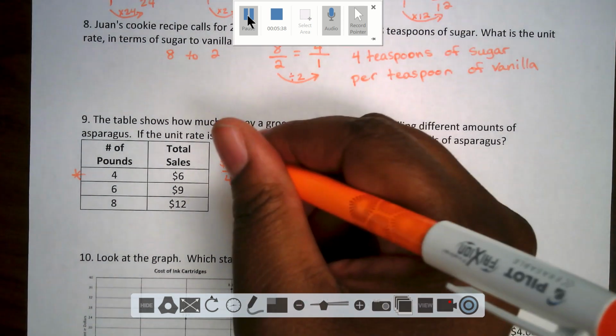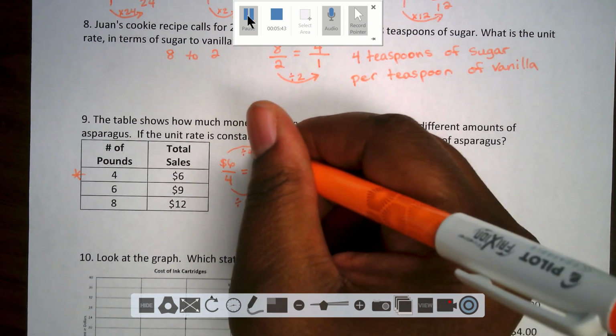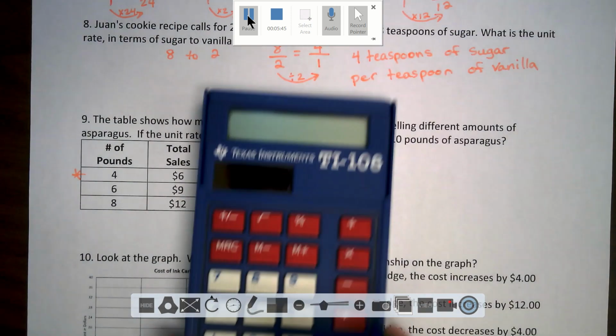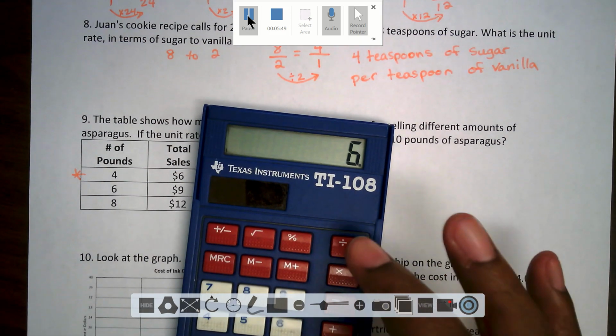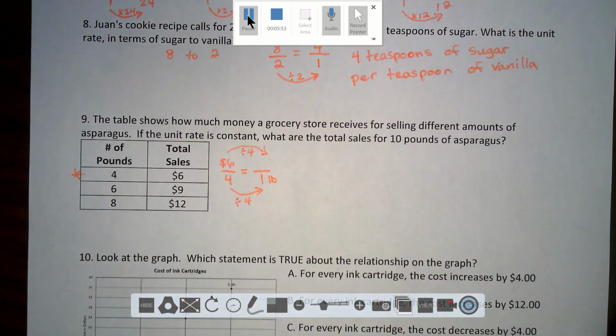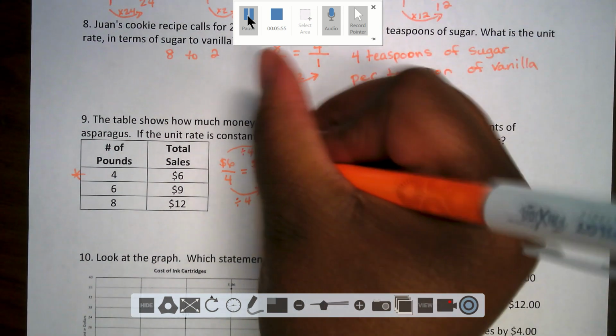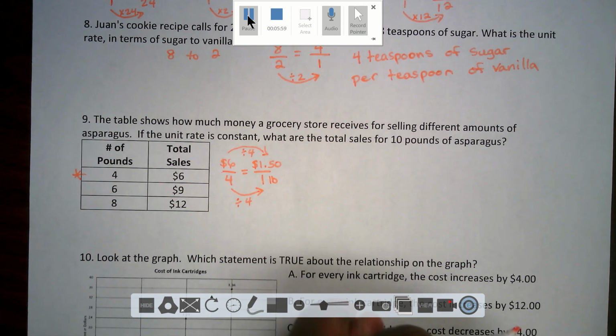So that means up here I need to also divide by 4. And when I pop it into the calculator, 6 divided by 4, I get 1.5. So that means it's $1.50 per pound of asparagus.